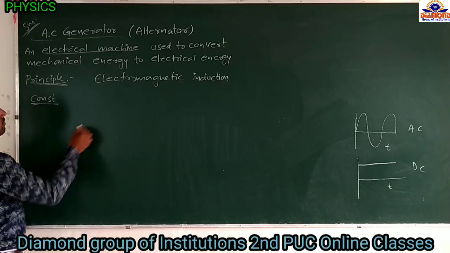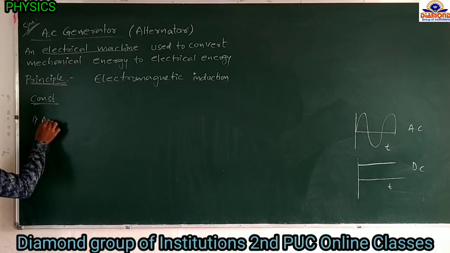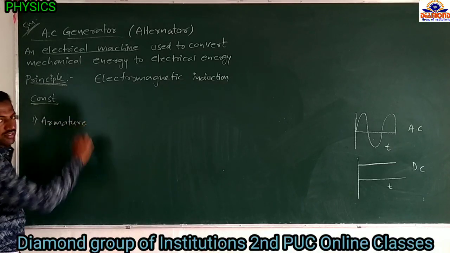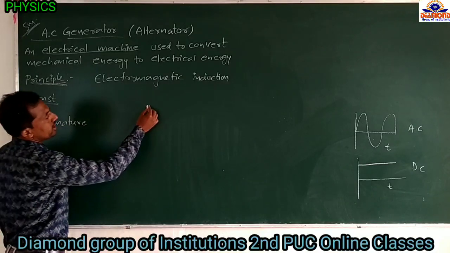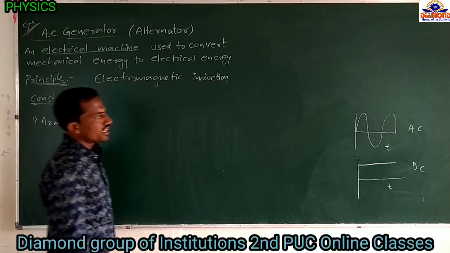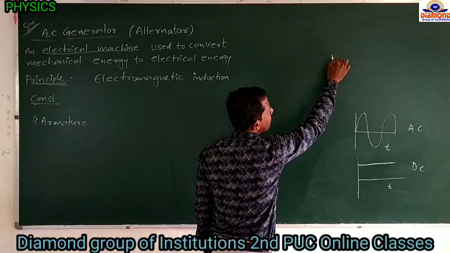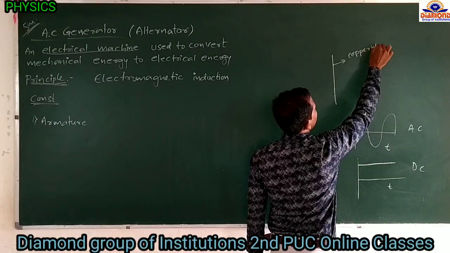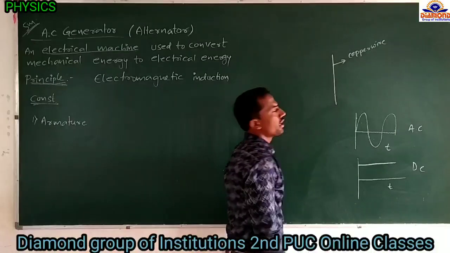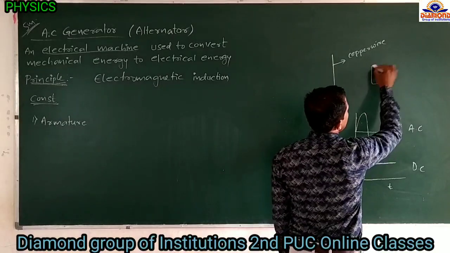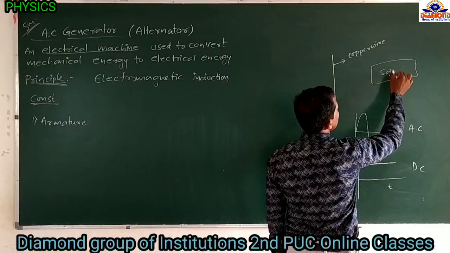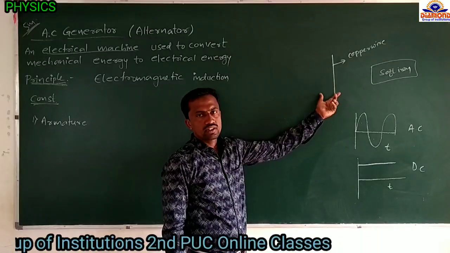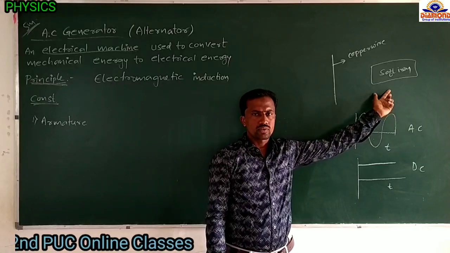In construction, the first point we are discussing is the armature. In the armature we take one copper wire and one soft iron core.